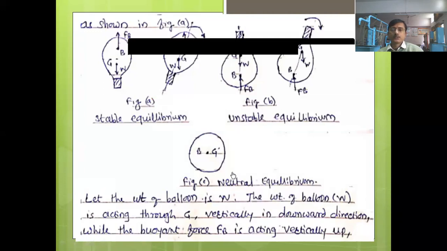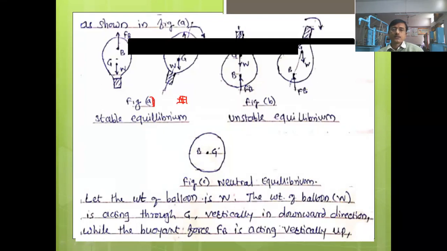B is below Z. Now, what is the third condition for the neutral equilibrium? What will be the position of B and Z? See, these questions will be asked in your university examination. If it is an MCQ type examination, then definitely such kinds of questions will be there about the position of B and Z at the same point.